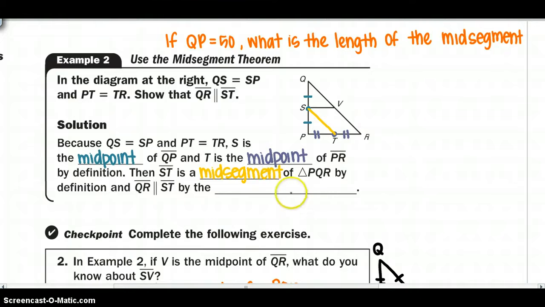And we know the mid-segment is opposite QR, it's parallel to QR, and it's also half of QR. So now we know that ST is parallel to QR by the mid-segment theorem.